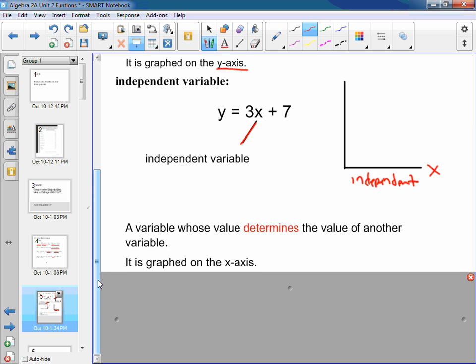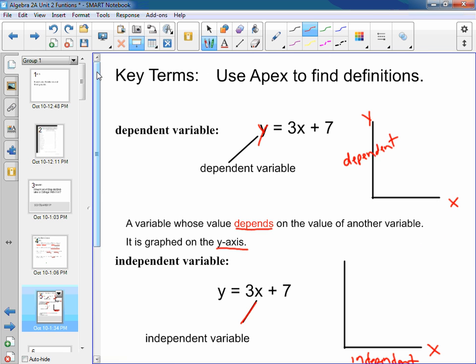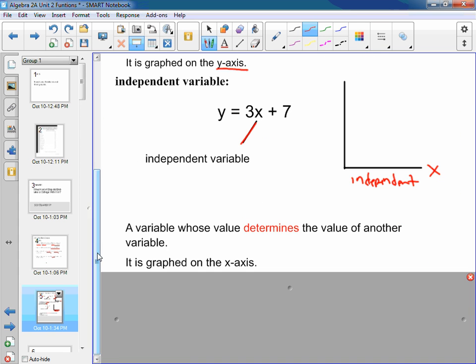The dependent variable again is a variable whose value depends on the value of another one, and it's graphed on the y. So the y depends on whatever you put in for x. And the independent variable is a variable whose value determines the value of another. So whatever you put in for x determines what y is, and that's graphed on the x-axis.